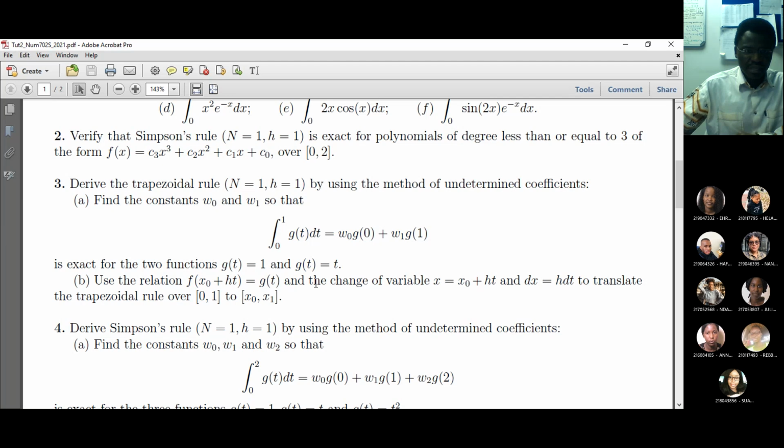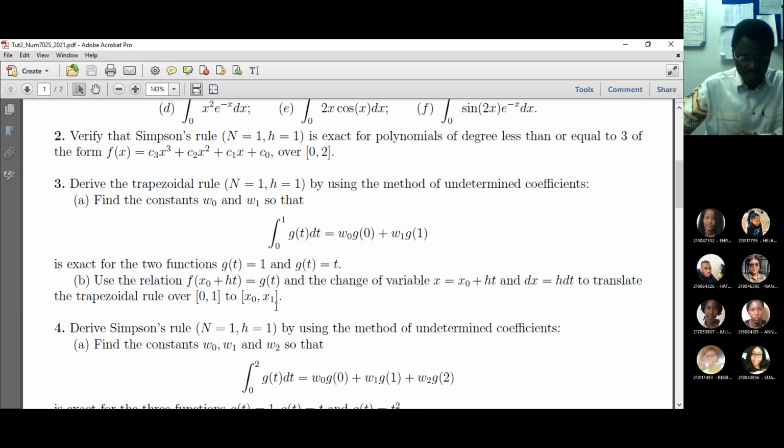Don't forget, if this g is an arbitrary function, like in this case, you will no longer put equal, but you put approximately equal to, because we use this fact to determine the w's. Once you have the w and you want to derive the formula for an arbitrary function, which is no longer one of these, that is 1 and t, because this g is arbitrary.